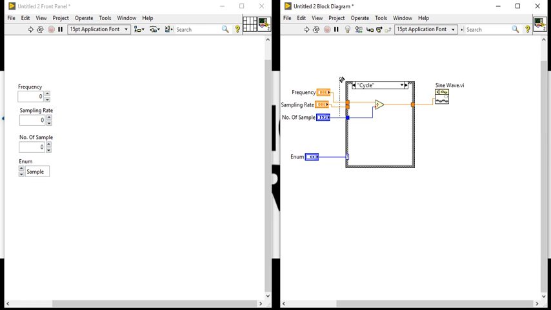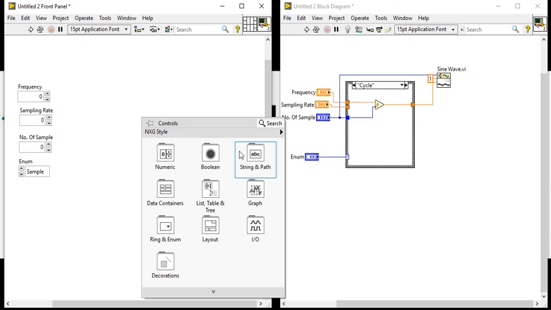Now in both conditions, the number of samples will be the same. Now let's put one amplitude constant, value 1. So this one is the frequency type. Set this one.